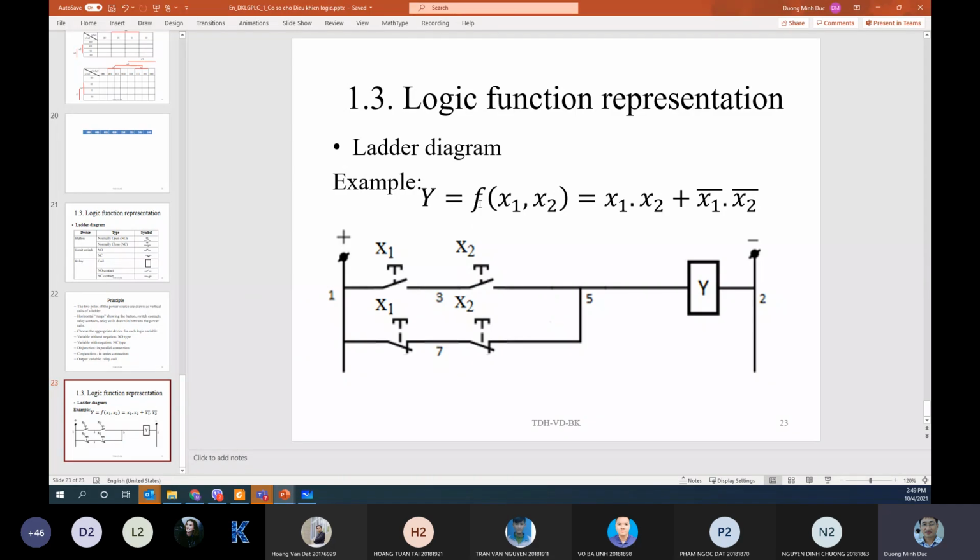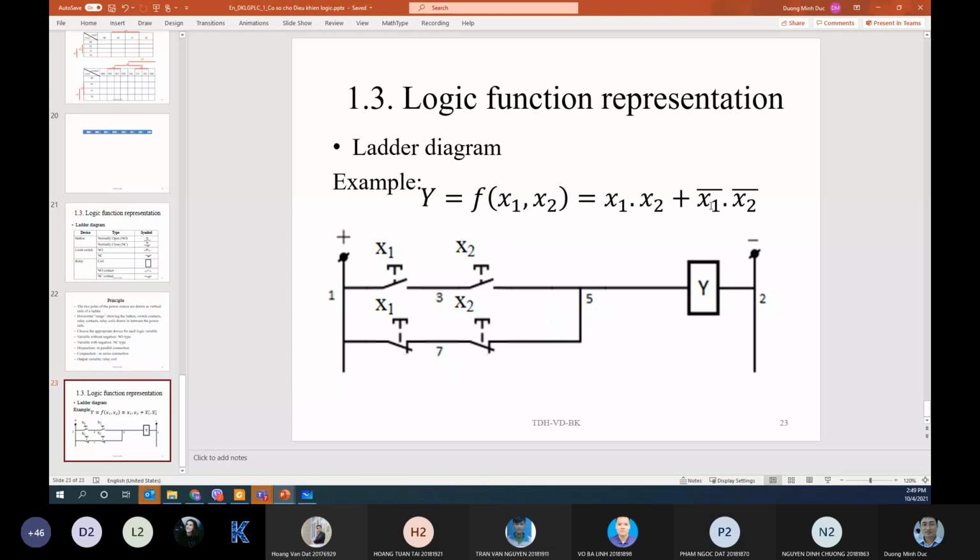So we have an example here. Y equals f of two variables x1 and x2, equal to x1 multiply x2 plus negation x1 multiply negation x2. First we draw x1 multiply x2, so we have x1 in series with x2. Because x1 and x2 are in the normal case, not the negation case, the symbol must be a normally open device.